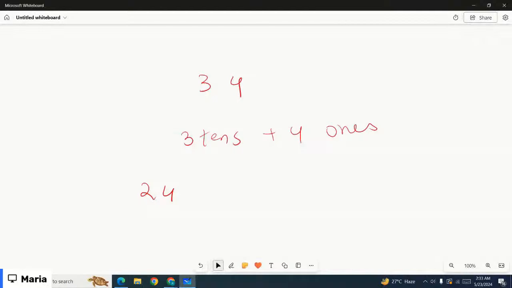The correct option is two tens plus four ones. The correct option is two tens plus four ones.